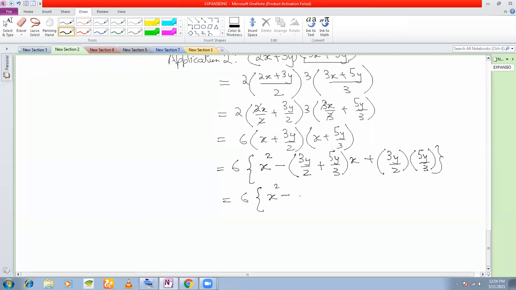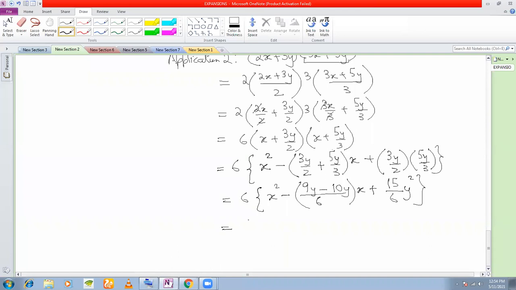6 times x square plus, taking the LCM 6, (9y + 10y) by 6 times x plus, and this is 15 by 6 y square.